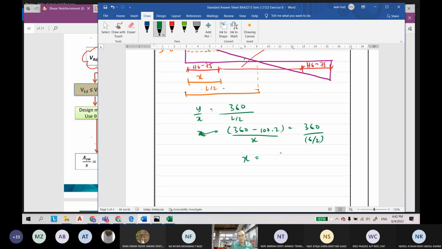Very simple. Divide by 360. Any answer for the X?